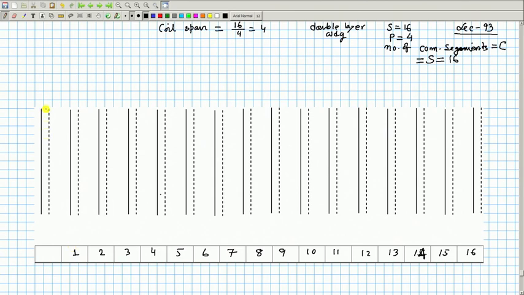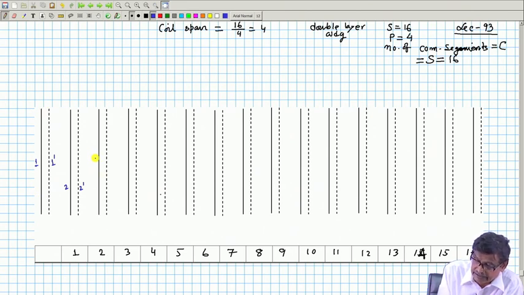Now, these coil sides I will number in an interesting way. For the upper coil side in slot number 1, I will number the coil sides as 1 and 1 dashed. Top one is 1, below is 1 dashed. This is 2, 2 dashed, in slot number 2.